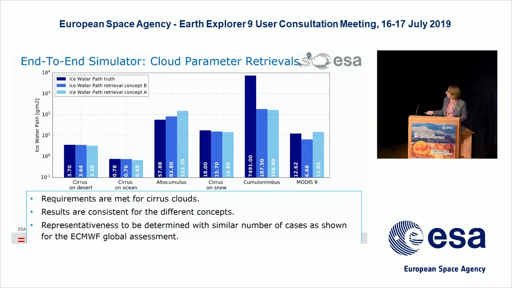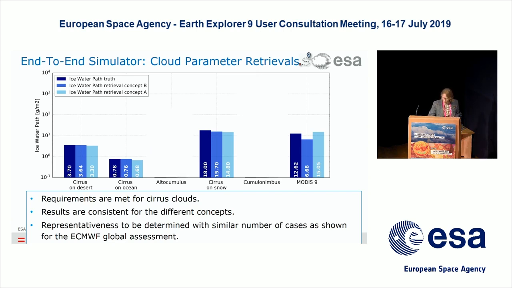In blue is always the truth that goes into the scene generator, and then the lighter shades of blue show the results for the 2 different instrument concepts, A and B. And so if we take out the thick clouds and leave only the cirrus clouds, we can say that all the requirements are met for cirrus clouds, and all the results are consistent for the different concepts. And so we are going to do some statistical analysis for determining the representativeness of these results.